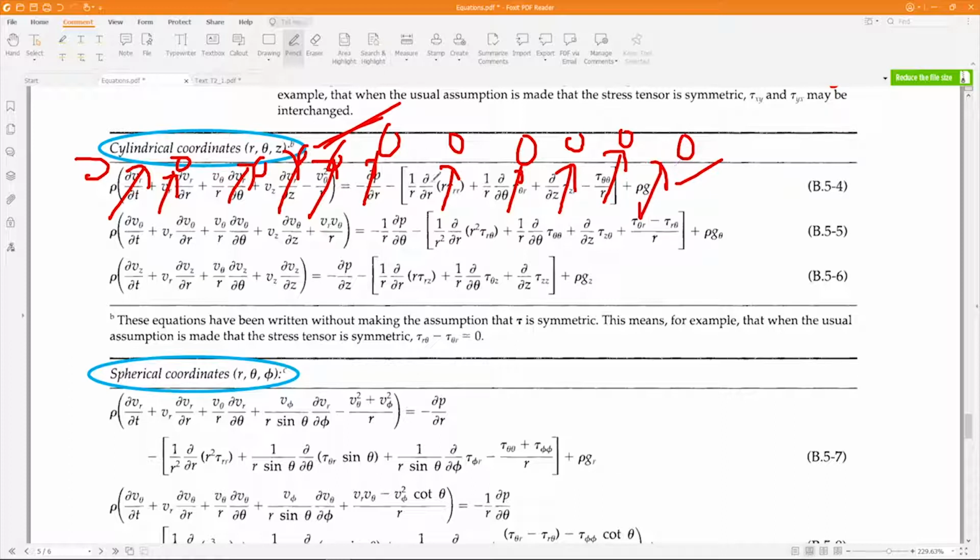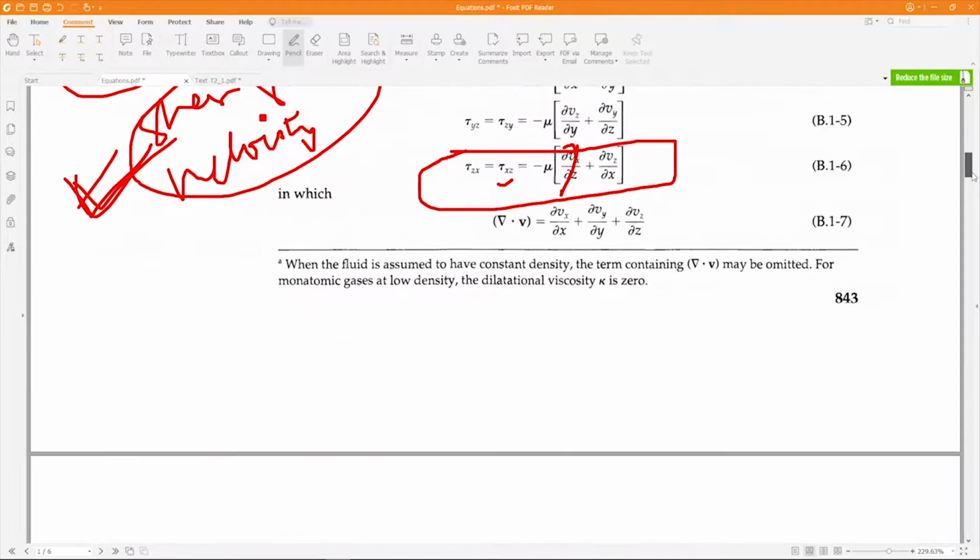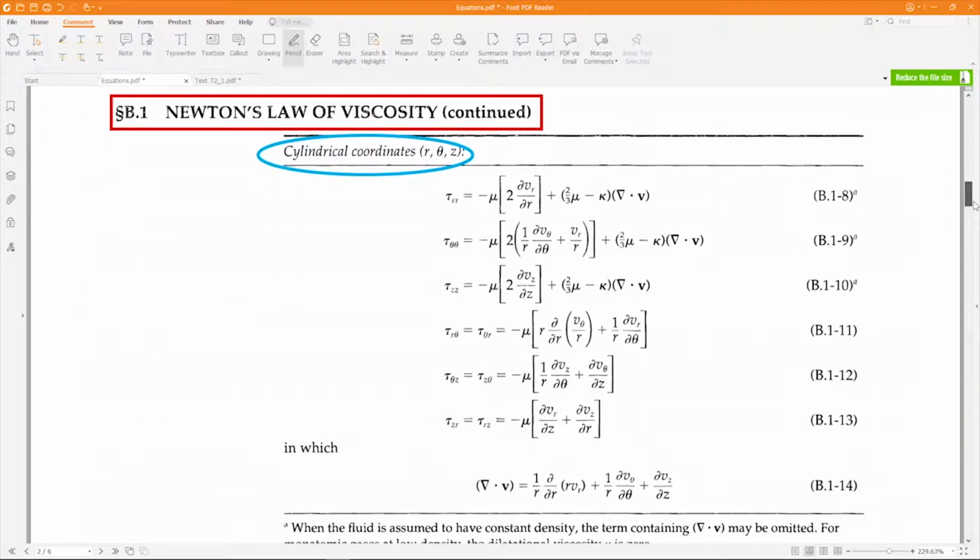So you can also try putting in Newton's law of viscosity for the cylindrical coordinates. Tau r, say it is a function of VR, right? This is again 0 because it is incompressible, right? Incompressible, this is definitely 0.